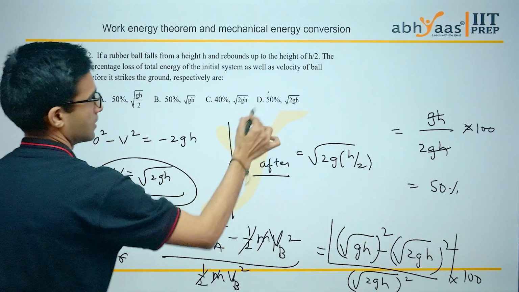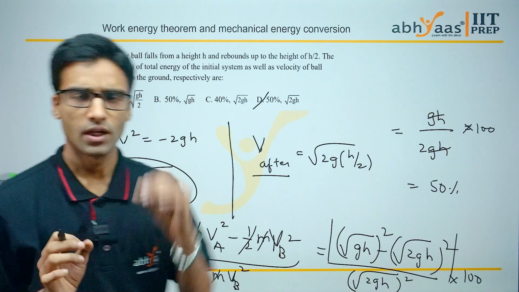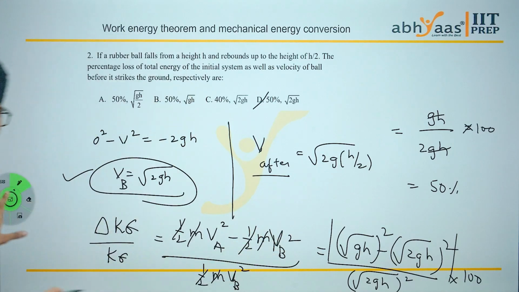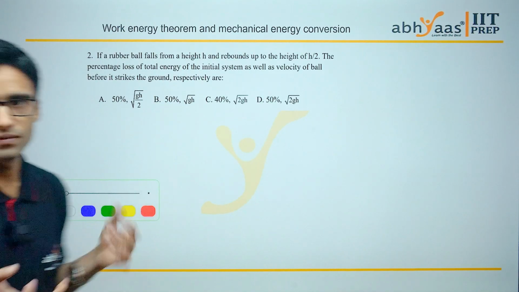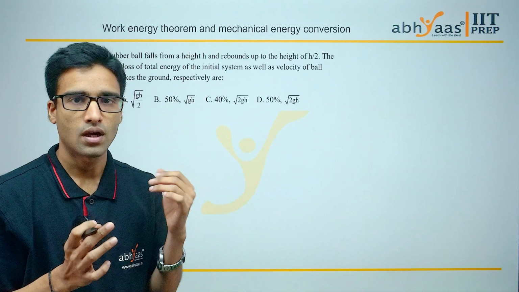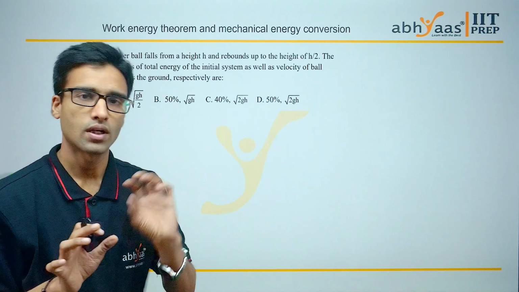Okay, 50% and root 2gh is the answer. I didn't do much, the only thing I applied was kinetic energy conversion. Okay, that's it. Our total energy is that only. Whatever energy we are taking, total energy is ½ m into velocity squared. Okay, total energy is that only.